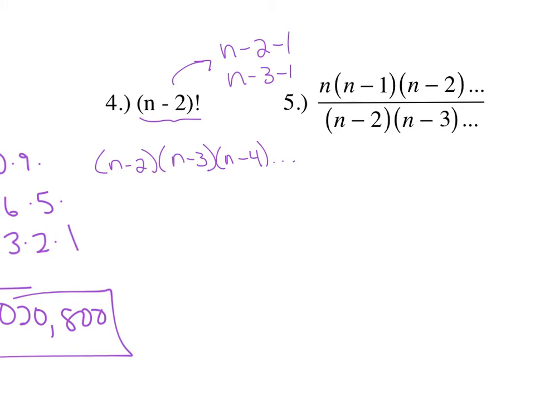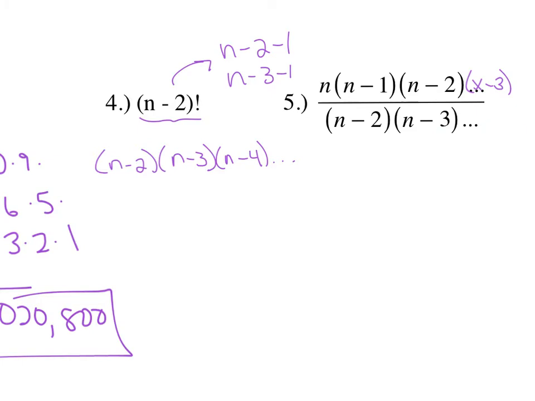For number 5, in the numerator, you have n times n minus 1 times n minus 2, dot, dot, dot, which means, let's just say this would be n minus 3 here, and then n minus 4, and so forth. And then in the denominator, n minus 2 times n minus 3 times n minus 4, and that will go on forever.